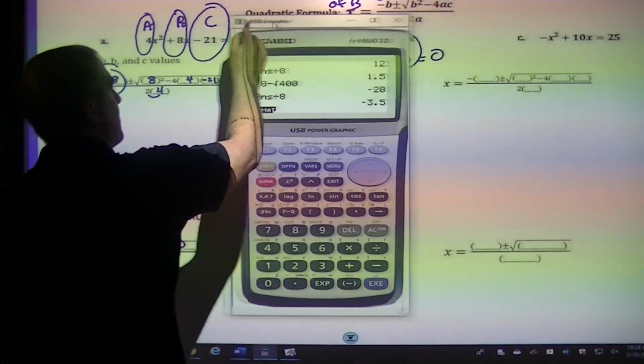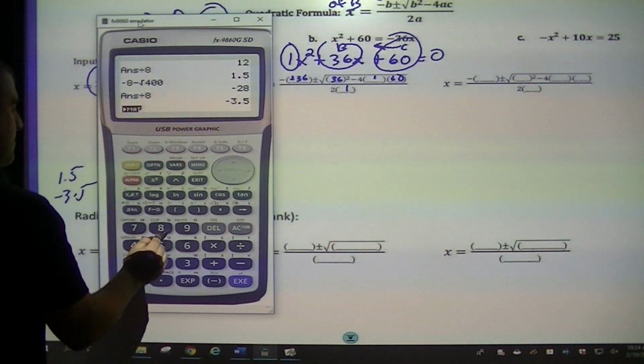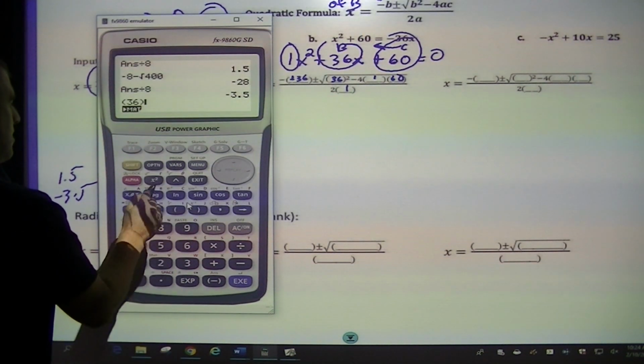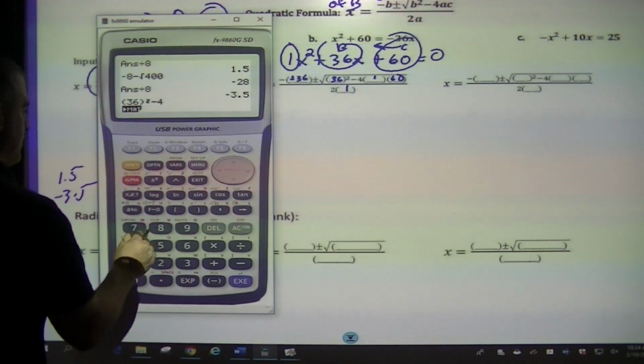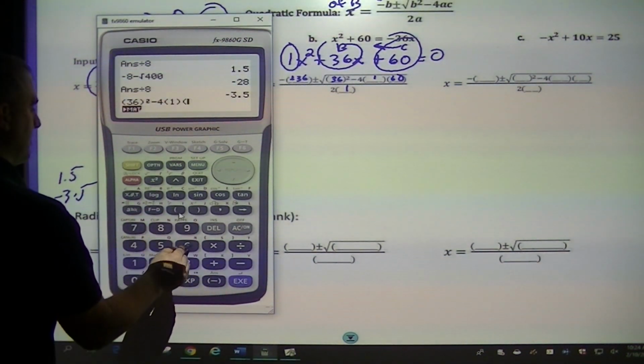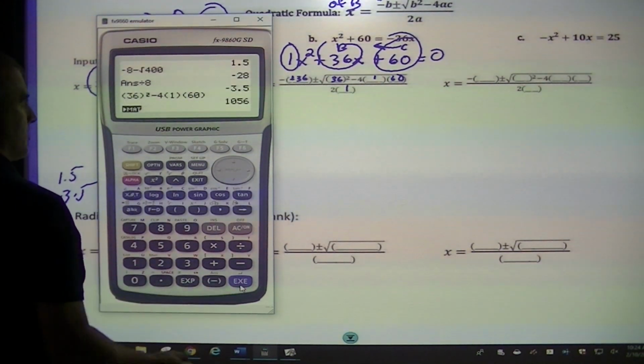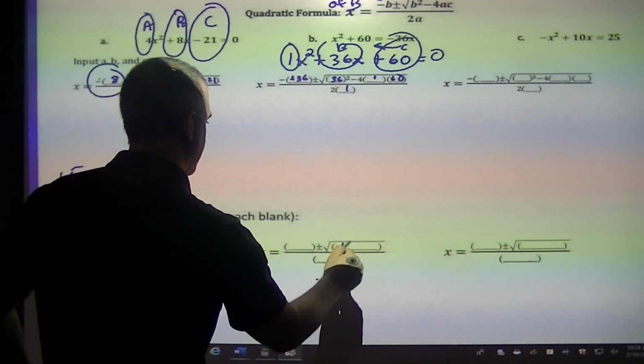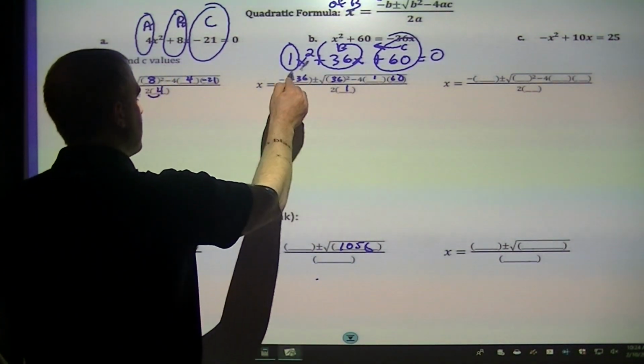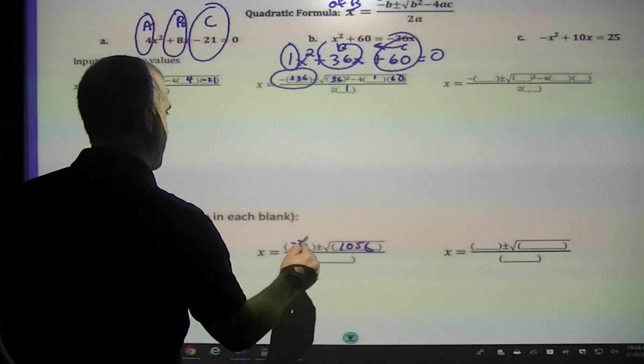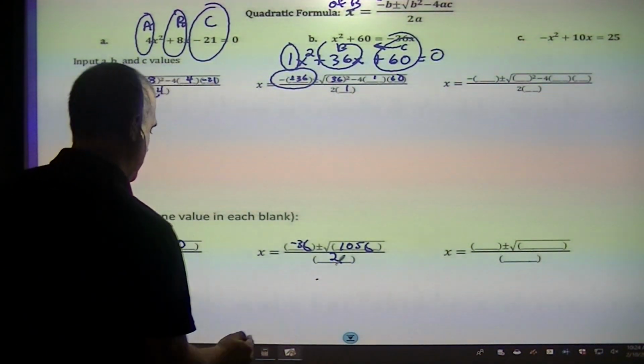Okay, so then what I'm going to do is type in just the part underneath the square root: 36 squared minus 4 times 1 times 60. I figure out that's 1,056. This means opposite of B, so I put negative 36 here. 2 times 1 would be 2.